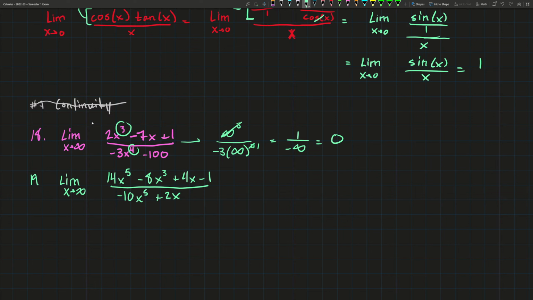When we're dealing with infinities, the only thing that matters are the bigger degrees, so we can get rid of all this other stuff. None of this matters. Really, we're looking at 14x to the fifth over negative 10x to the fifth. We can simplify that. These x to the fifths cancel, and you're just left with 14 over 10. So the whole thing is 7 over 5.